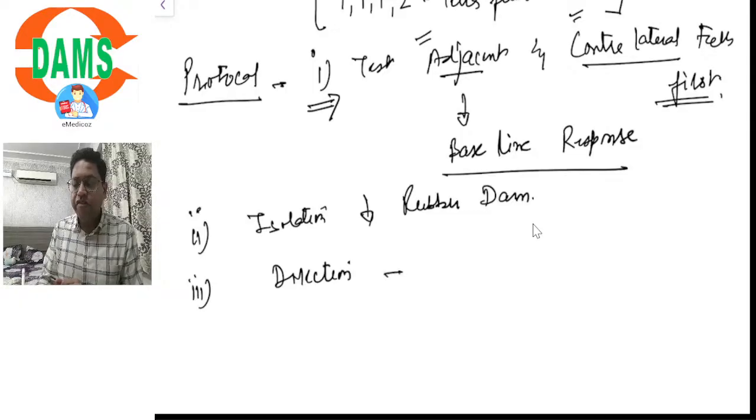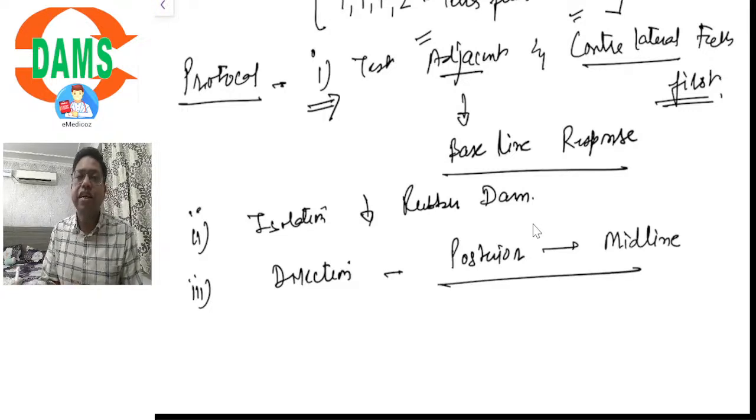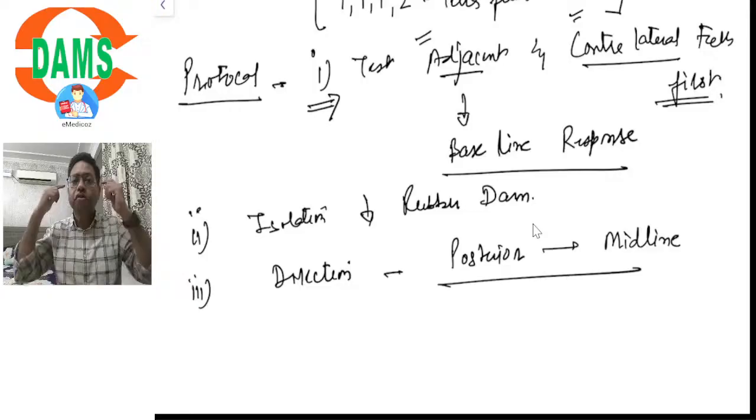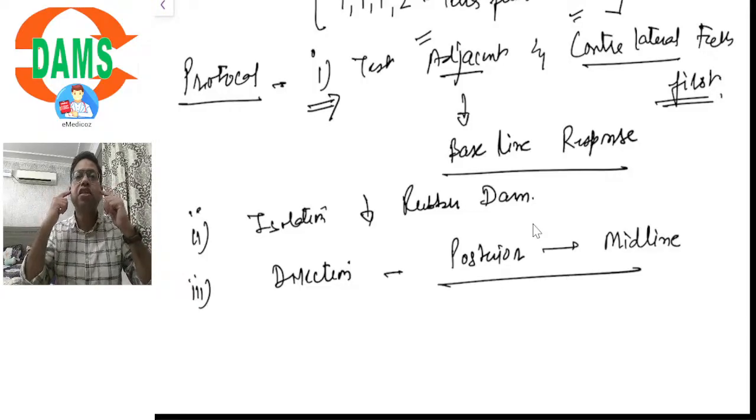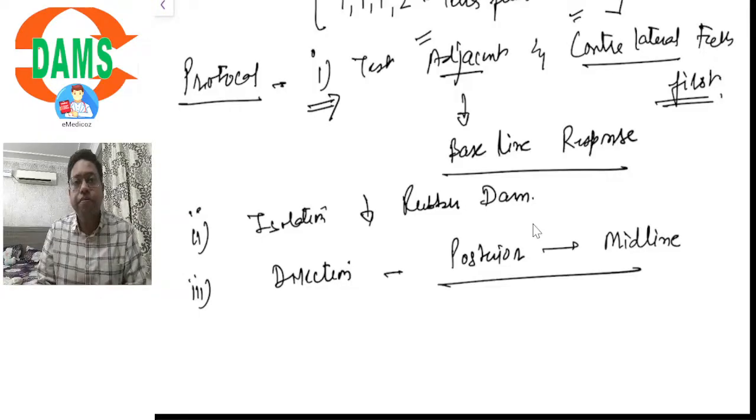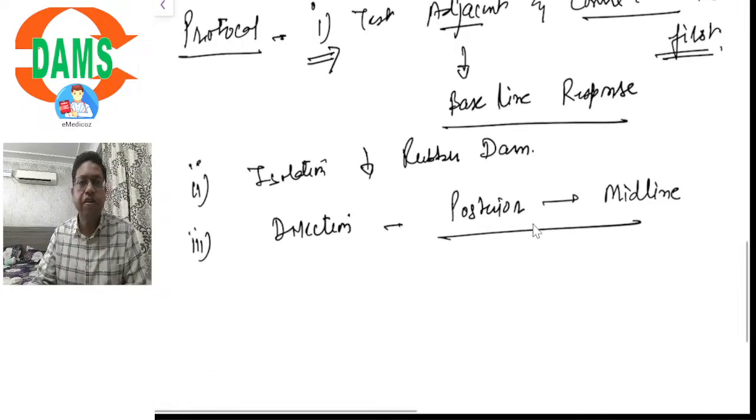For each quadrant it is always from posterior to the midline, or posterior to the anterior. In each quadrant, we would test the teeth from posterior to anterior because we follow the natural direction of innervation of the teeth, whether the maxillary or the mandibular; they are innervated from backwards to forward. These are the three principal steps to be followed.